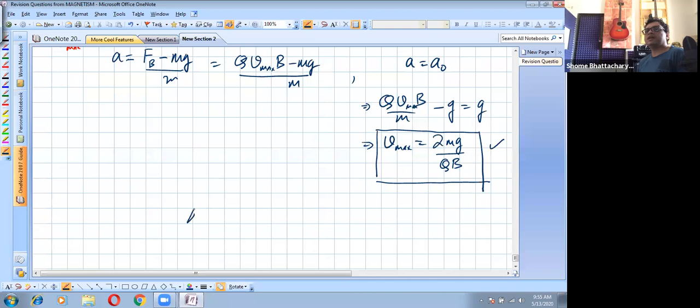So change in kinetic energy is equal to work done by gravity, because work done by magnetic field is 0.